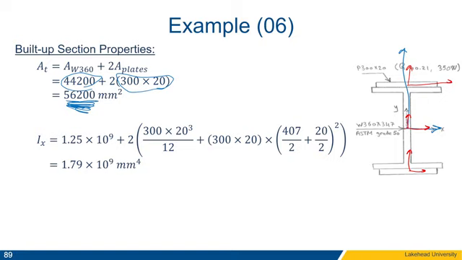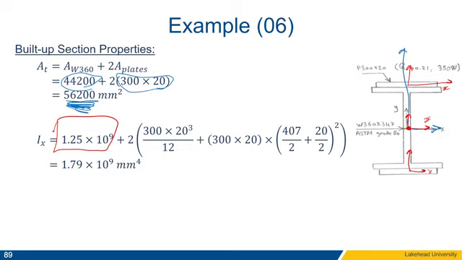For the I-beam, you will just put it as is, because the local axes of the I-beam itself coincide with the centroid of the built-up section as a whole because of symmetry. But for those local x-axes, they need to be transferred.